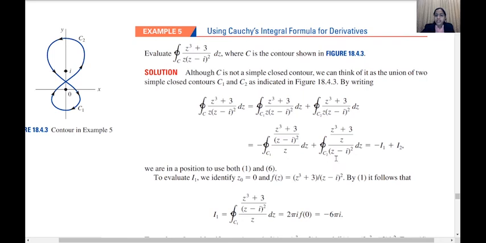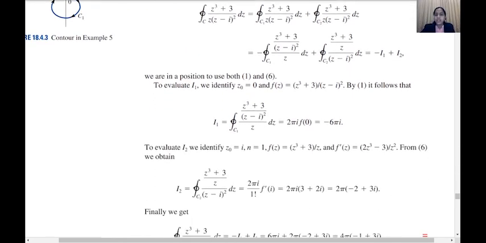Now in the second case there is a power, right? (z minus z naught) raised to 2. So 2 is equal to n plus 1 means n is equal to 1, right? So we have z naught as i, n is 1, and what will be f of z? f of z is (z cube plus 3) divided by z. So we have to find the first derivative, f dash of z. You can apply the quotient rule again.